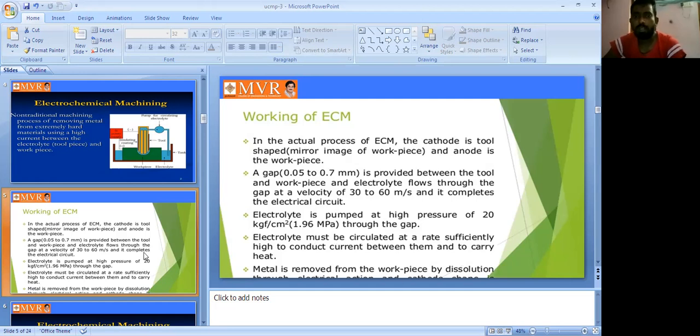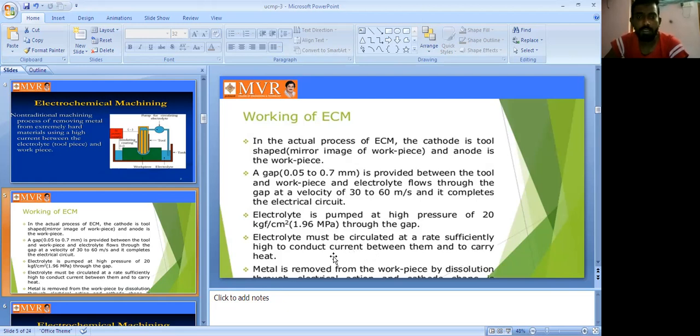The electrolyte must be circulated at a rate sufficiently high to conduct current between them and to carry away the heat.